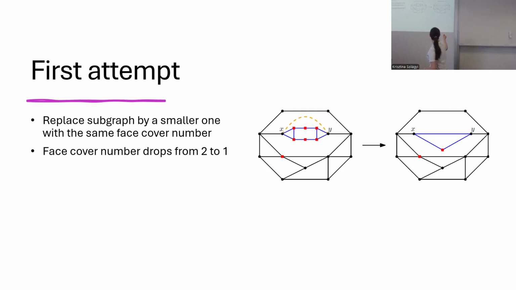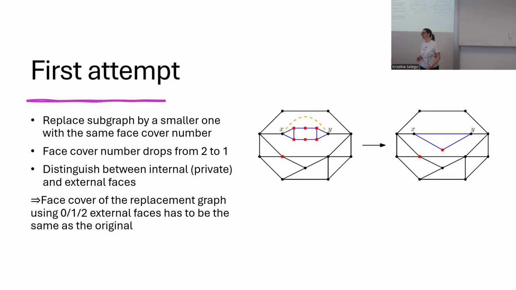And here we can cover it either by this internal face or by any of the outer external faces. This internal face is not reusable. It is just a face of this graph and nothing else, while these external faces are reusable because they also cover other things, for example this terminal of the bigger graph. So we need to distinguish between internal private faces that cannot be reused and external faces that will be reused.